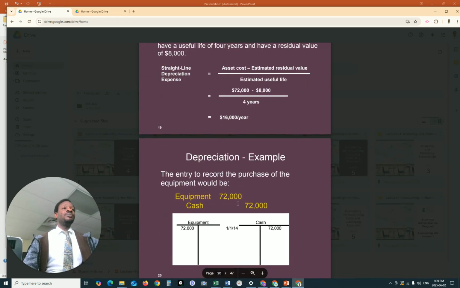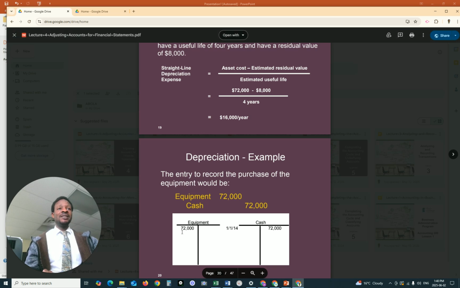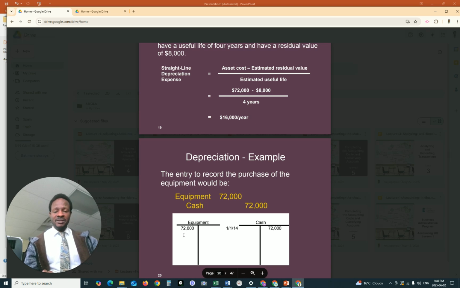So the entry to record the purchase of the equipment. When you purchase the equipment on January 1, equipment is an asset. When it comes in, it's debited. And cash is paid out for that transaction. When cash goes out, because cash is also an asset, that means cash is given out, is paid out, so it's credited. Equipment that is coming in, that is being received, is debited.